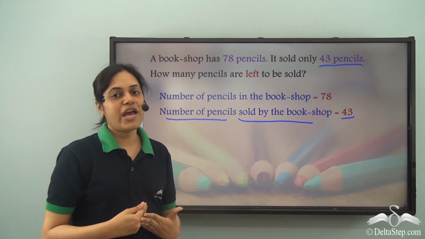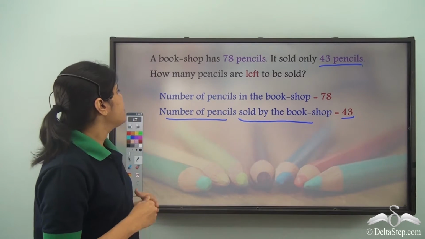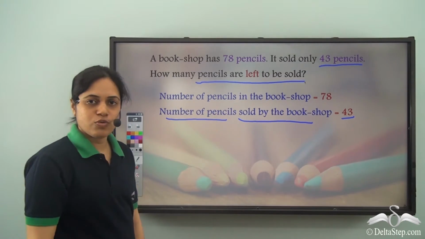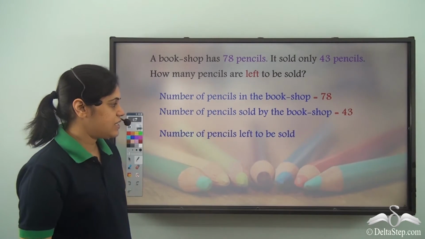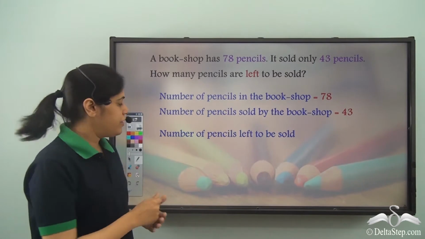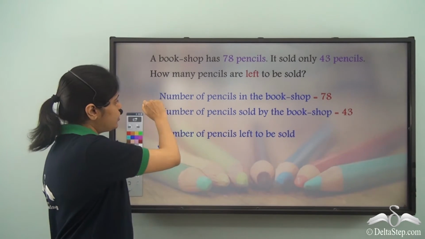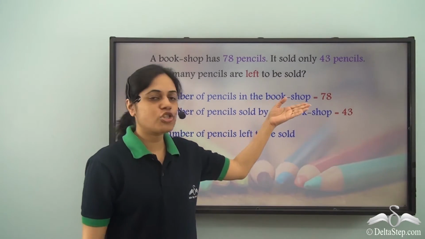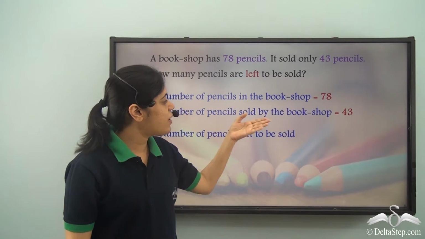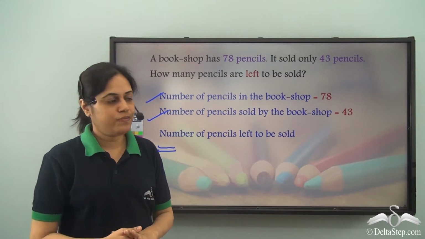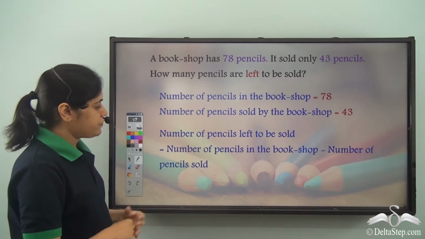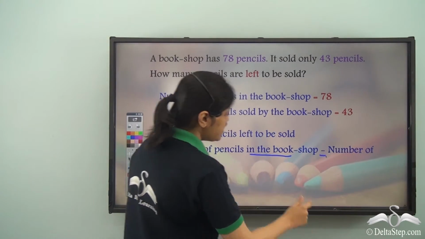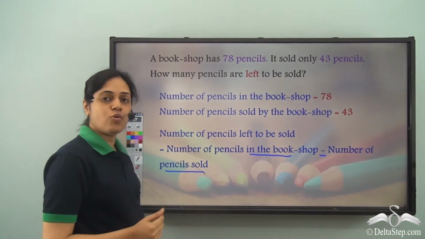Then we need to write, what do we need to find? We need to find how many pencils are left to be sold. So number of pencils left to be sold will be equal to this minus this. That is number of pencils which the bookshop has minus the number of pencils it sold.